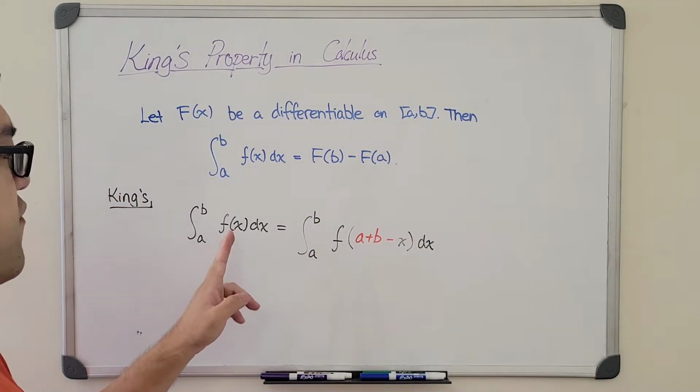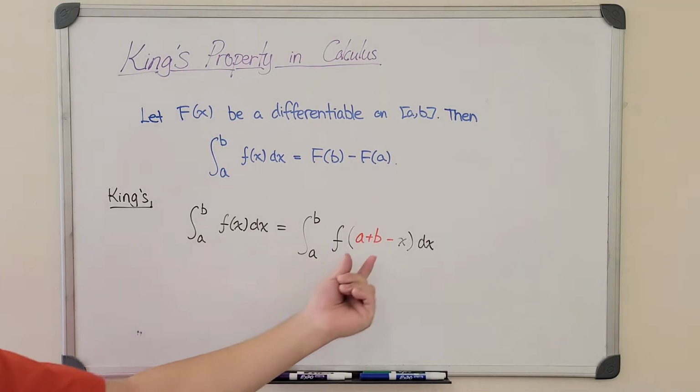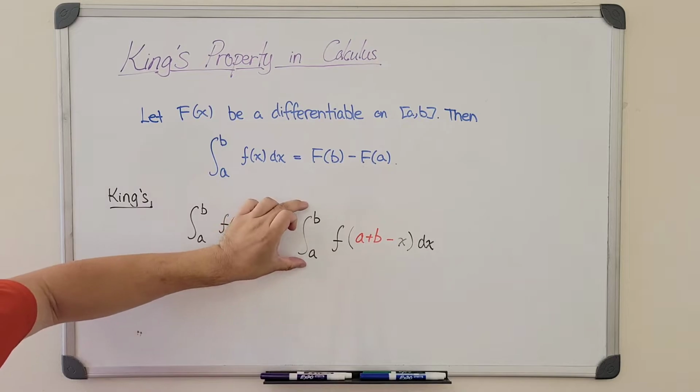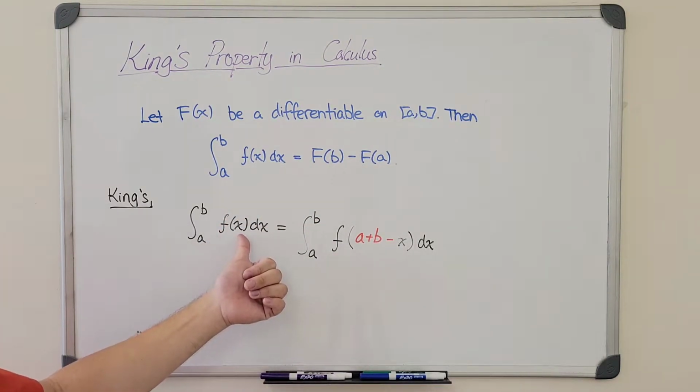So instead of taking the input x, the input now becomes the sum of the two endpoints minus x.